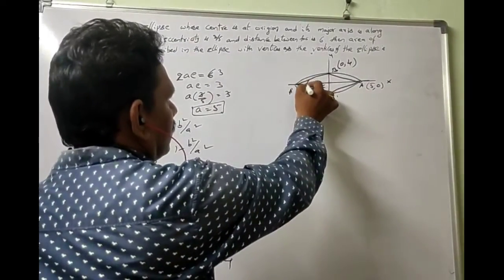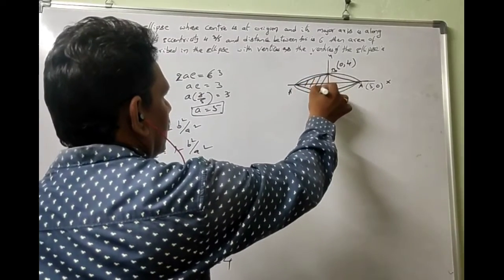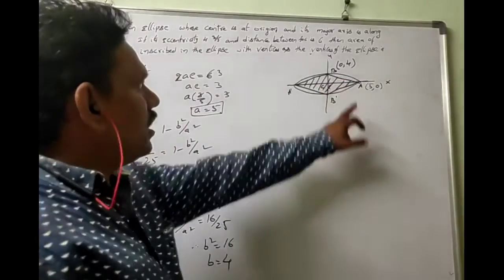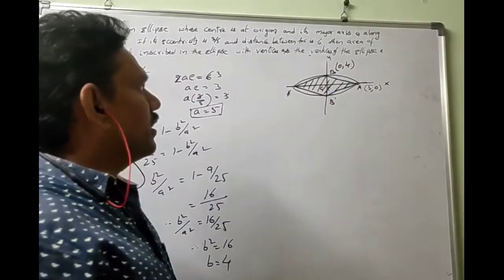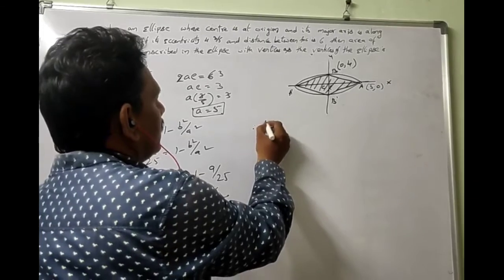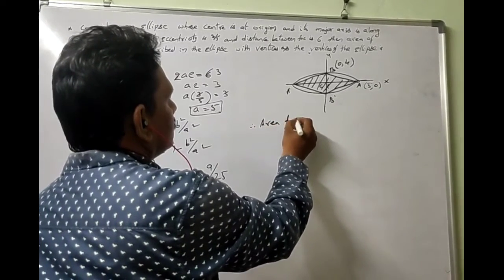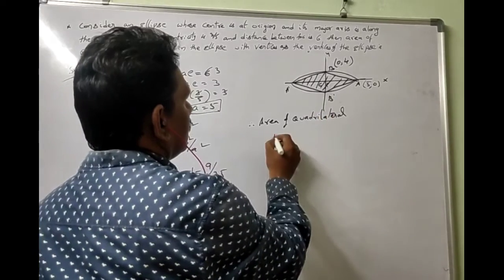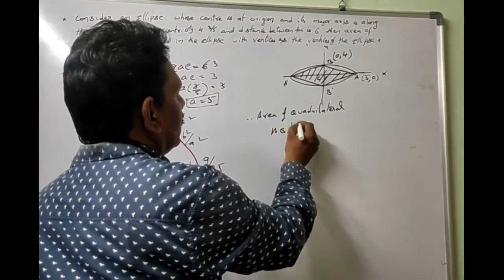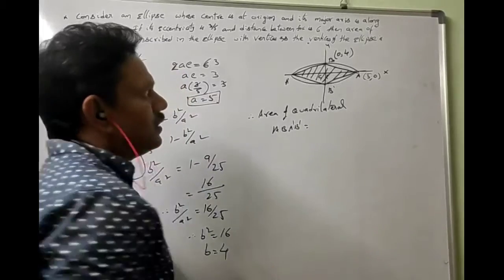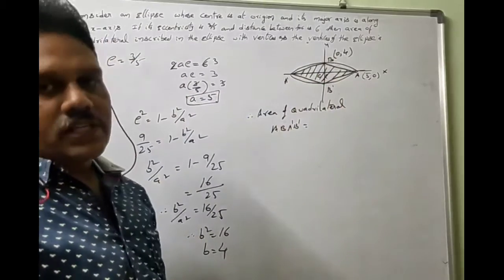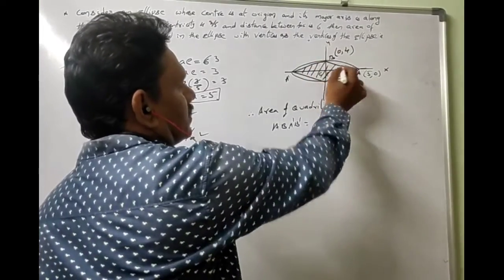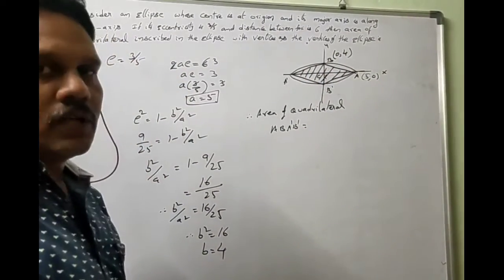We want the area of the quadrilateral A, B, A dash, B dash. This total area we want. Since the ellipse is symmetric with respect to the x-axis and y-axis, the coordinate axes divide the quadrilateral into 4 equal parts.